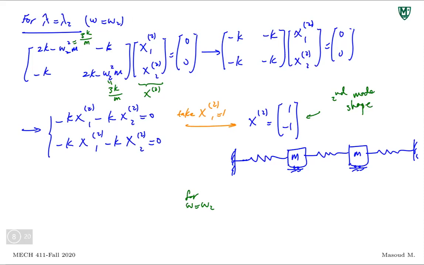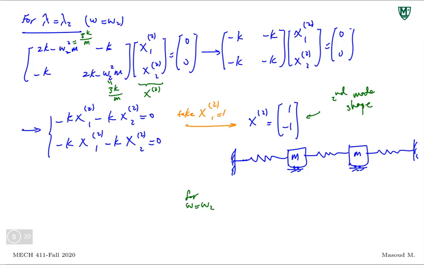What does that mean? It means if mass 1 goes to the right 1 unit, mass 2 goes to the left 1 unit. Mass 1 goes to the left 1 unit, mass 2 goes to the right 1 unit. Magnitudes are the same. So they oscillate like this in their second mode.